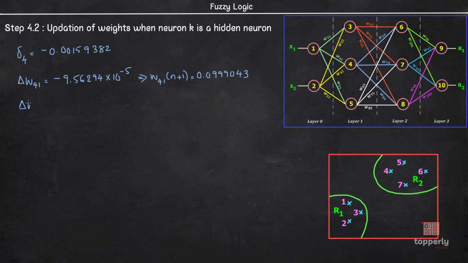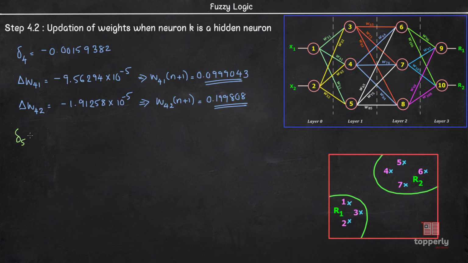Similarly, delta W42 equal to minus 1.91258 into 10 raised to minus 5, which implies W42 of n plus 1 equal to 0.199808.